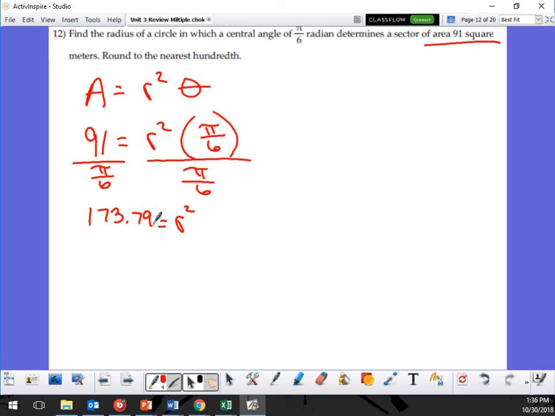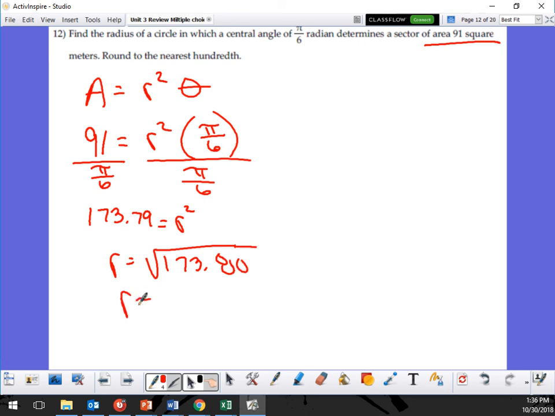All right, so now we're approximating to this. Now r is not by itself yet, right? So how would I undo the square to get the r by itself? Square root. So r is going to be equal to the square root of 173.80.